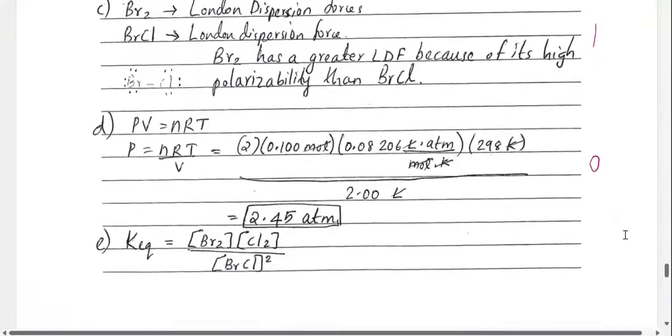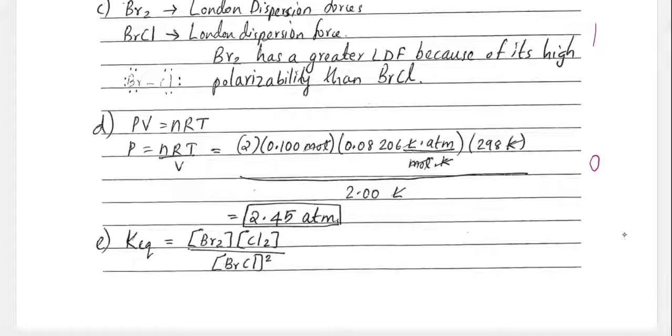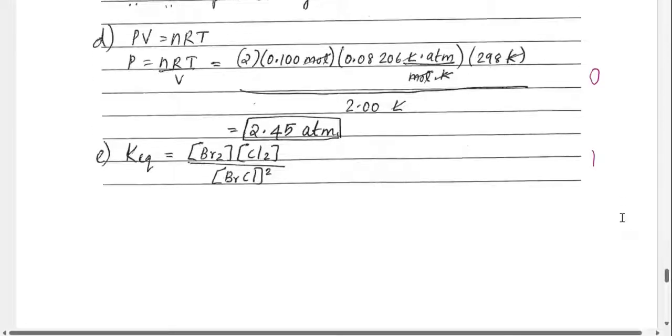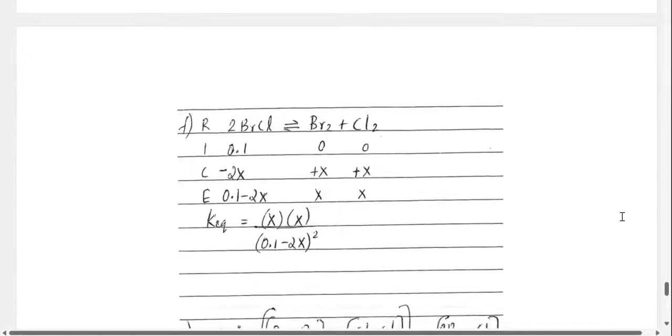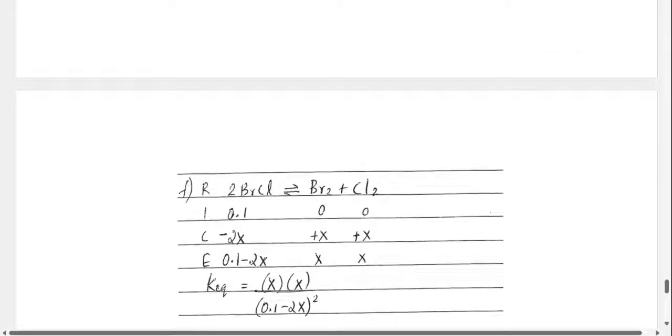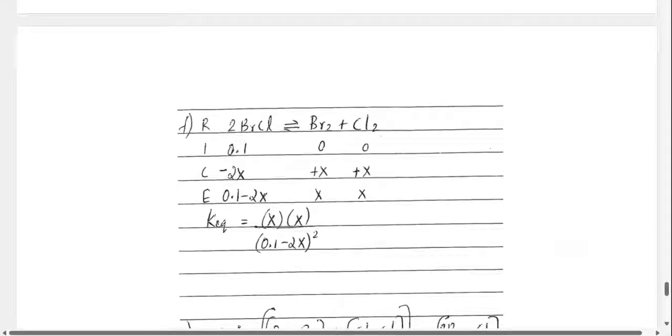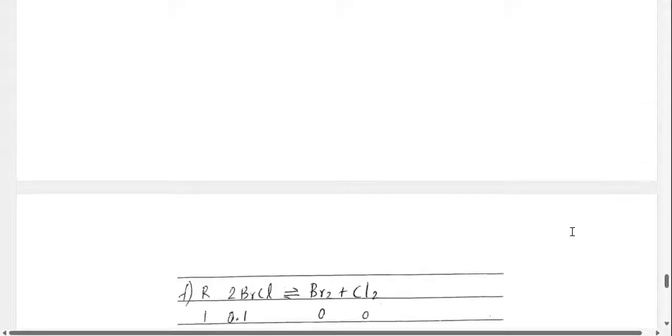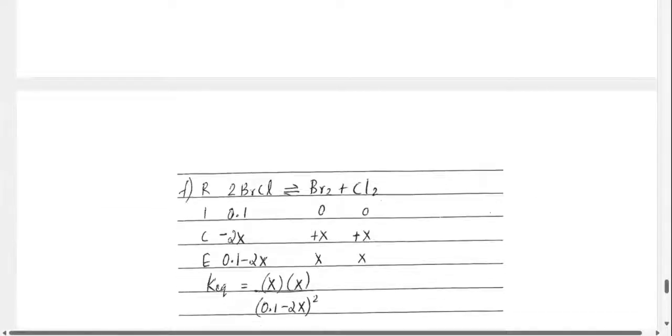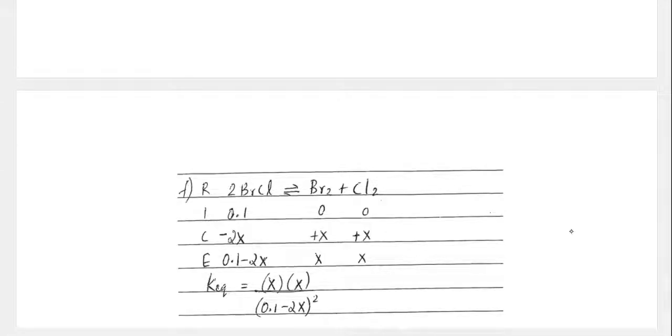And then E, okay, their equilibrium expression looks good. That's 1. F. So they set up the ice table mostly correctly. There is an issue here, which is that the 0.1 is in moles, which you don't want for an equilibrium ice table.